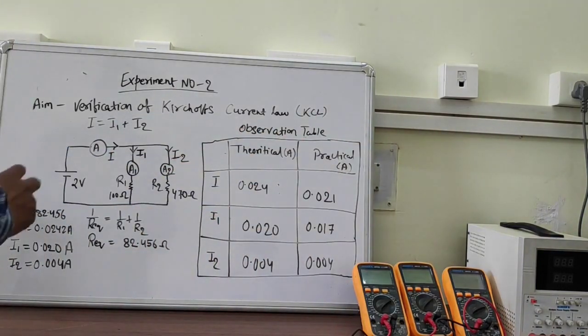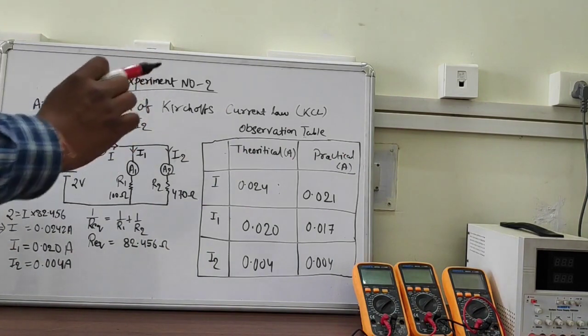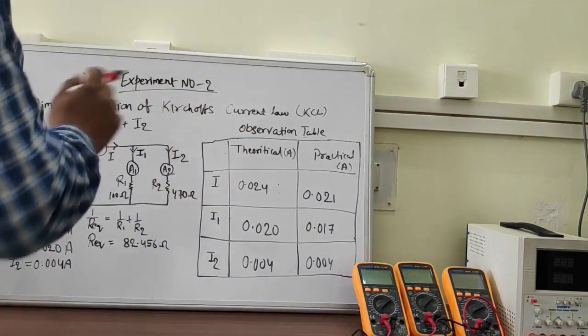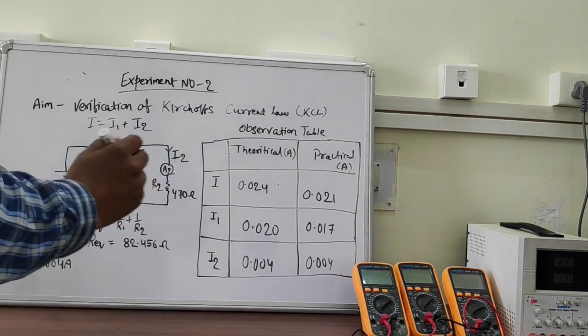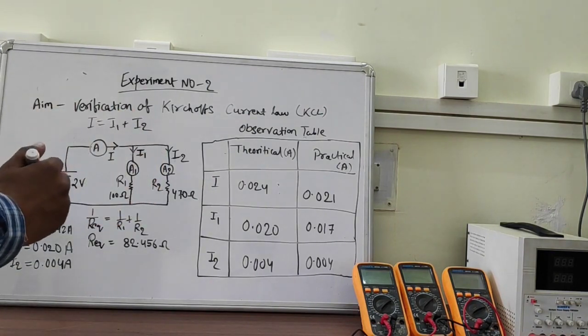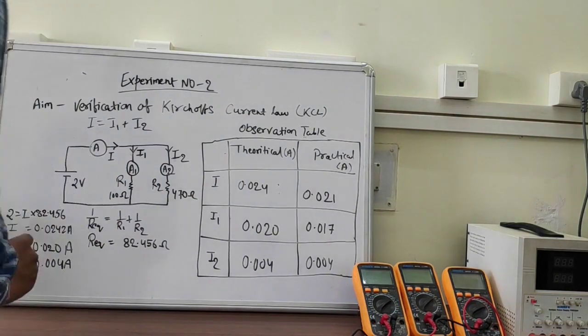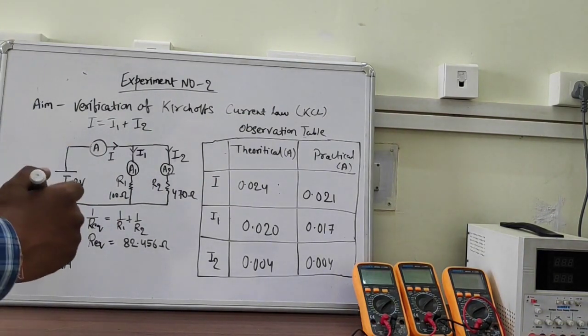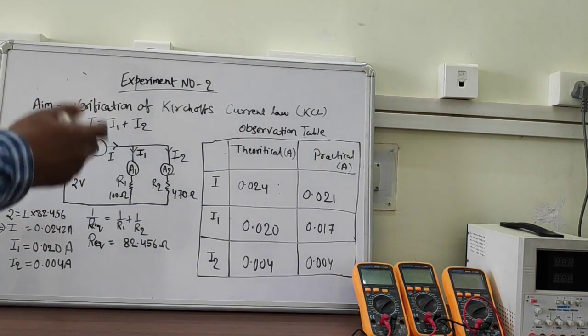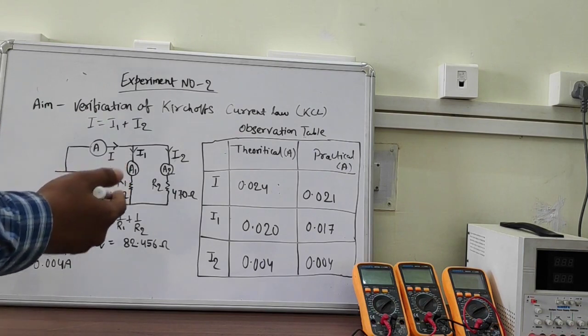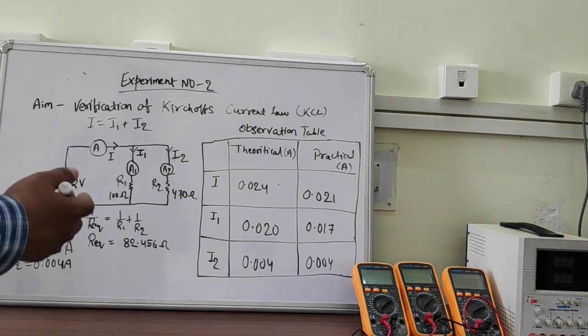A gold colored tolerance band was present on both resistances, so a plus minus 5% tolerance was present in both. If you take the R1 resistance, in the theoretical value we use it as 100 ohm, but in practice the value ranges from 95 ohm to 105 ohm, that is plus minus 5% of 100.